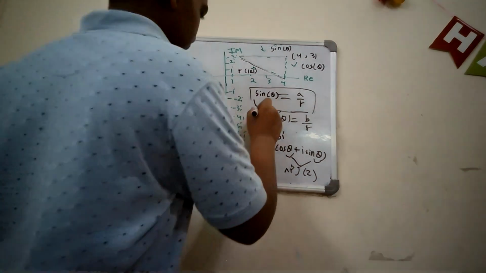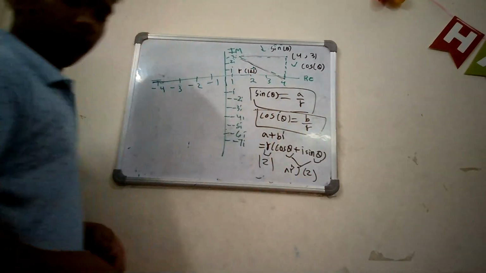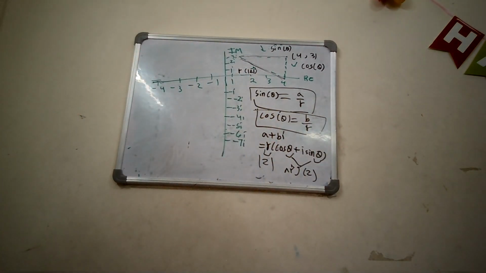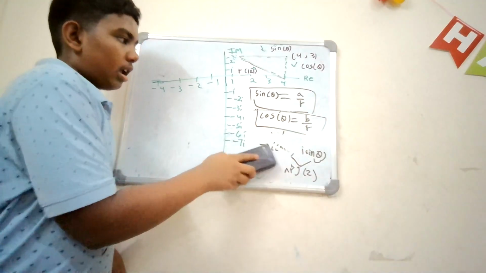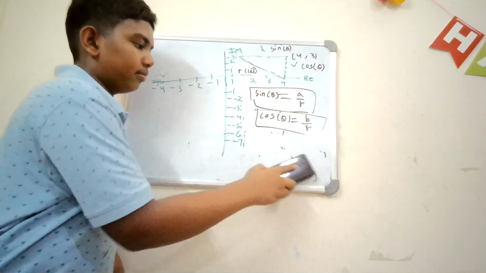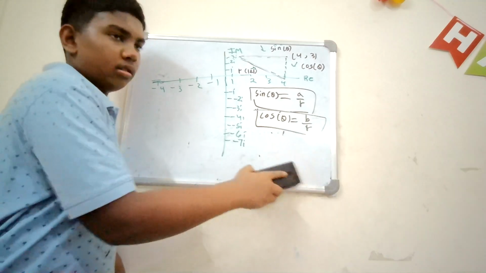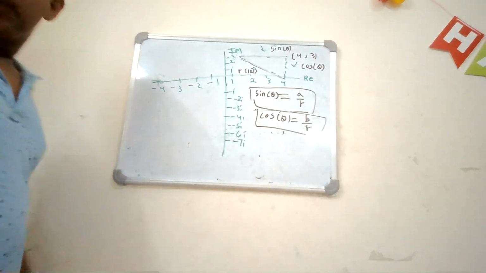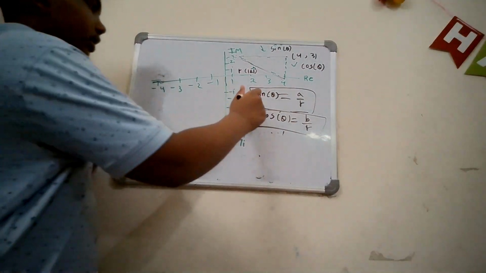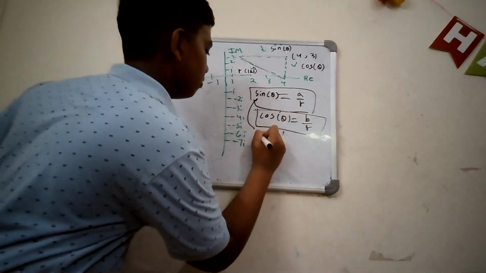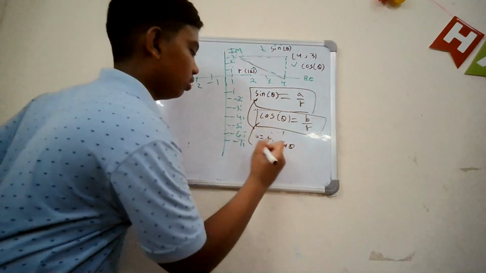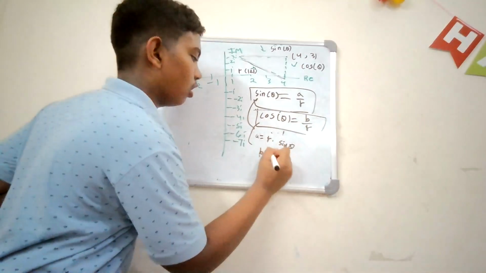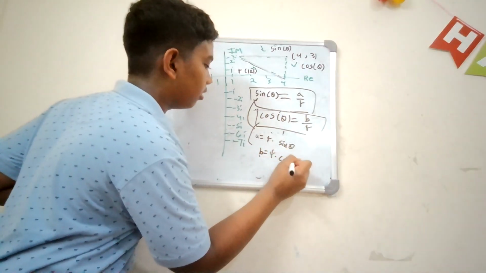Now what I want to do is rewrite this in terms of A and B. So A will be equal to R into sine theta, and B will be equal to R into cos theta.